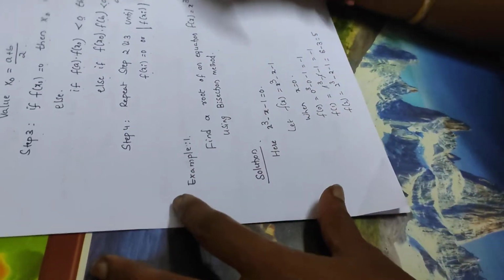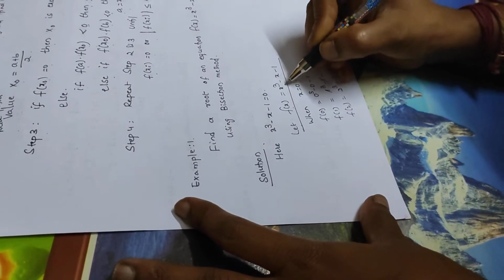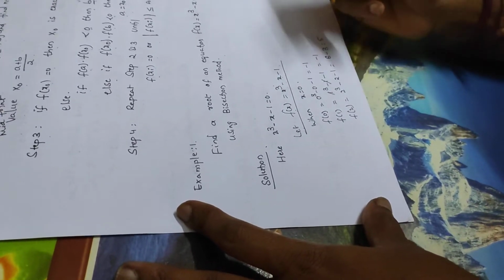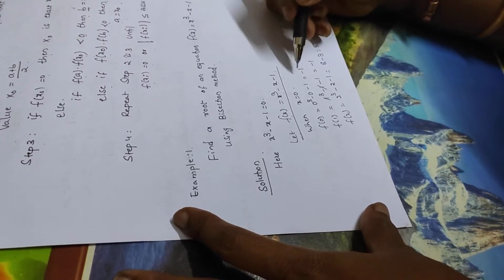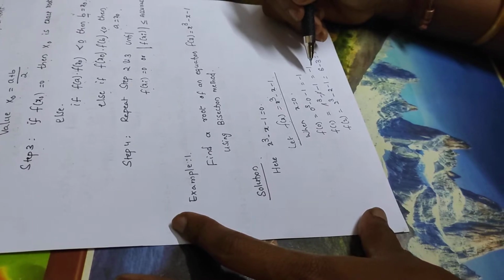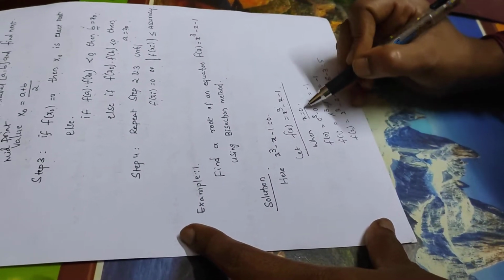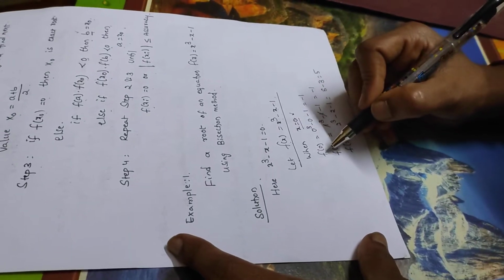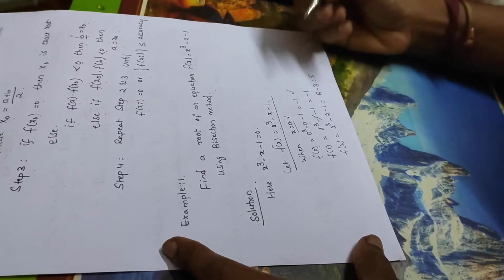Now coming to the solution. Take f(x) = x cube minus x minus 1. We have to take the initial interval a and b. For that, you can substitute values starting from 0. If x is 0, then f(0) is 0 cube minus 0 minus 1, which is minus 1.